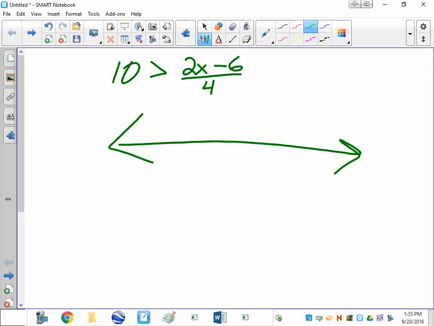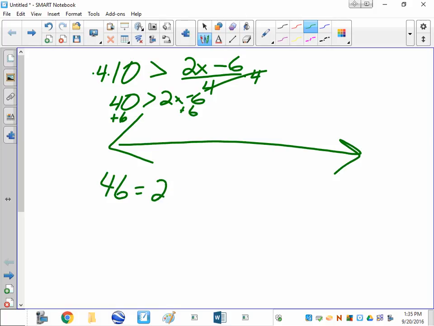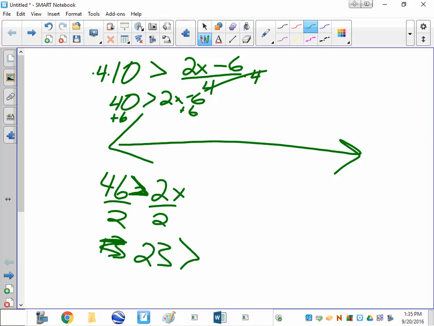So multiply by 4. And over here I have 40 greater than 2x minus 6. Add the 6. 46 is greater than 2x. Divide by 2, and it's not equal, sorry, it's greater than. 23 is greater than x.